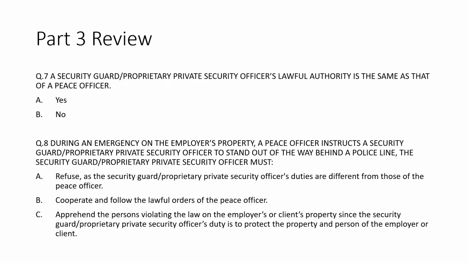The security guard, proprietary private security officer must A. Refuse, as the security guard, proprietary private security officer's duties are different from those of a peace officer. B. Cooperate and follow the lawful orders of the peace officer. C. Apprehend the persons violating the law on the employer's or client's property, since the security officer's proprietary private security officer's duty is to protect the property and person of the employer or client.